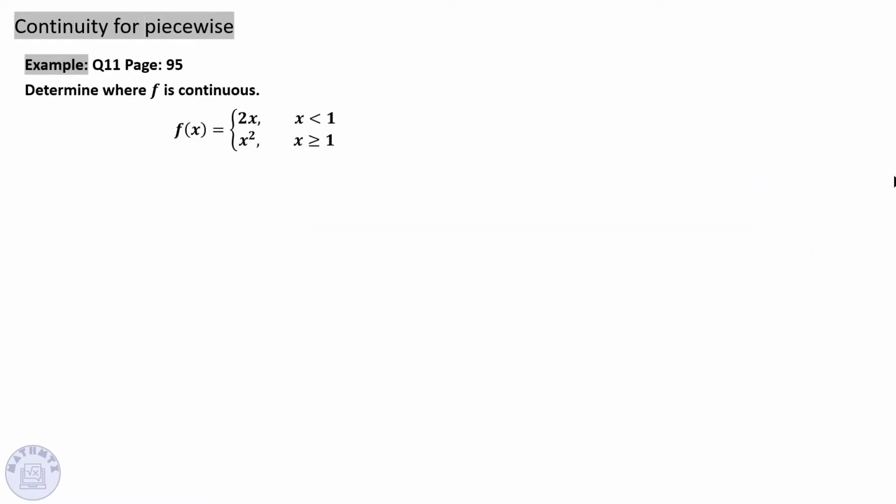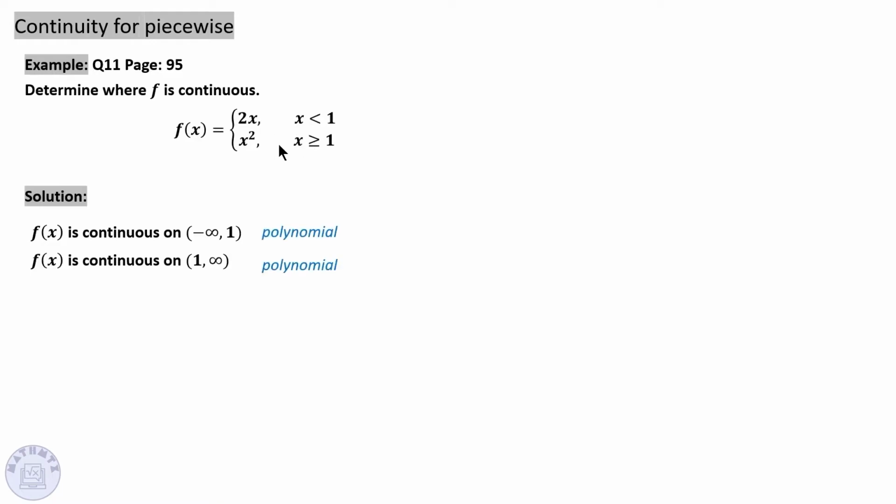Now, in this example, they ask us to determine where f is continuous. You can see the function is a piecewise defined function. We can see that the function is continuous for all x less than 1, and it's continuous for all x larger than 1 because it's a polynomial expression. Now, we will check at the point x equals 1. The function is where the equal sign is, so we will substitute with x squared, which is 1. f of 1 is 1.